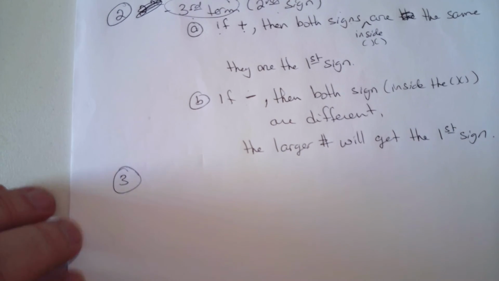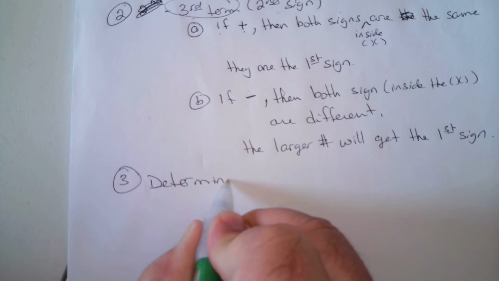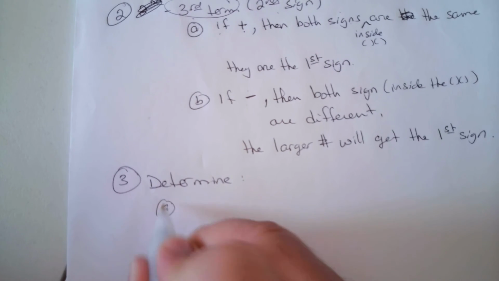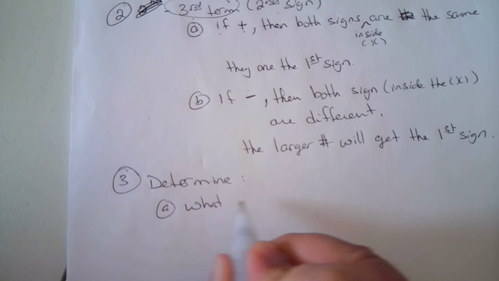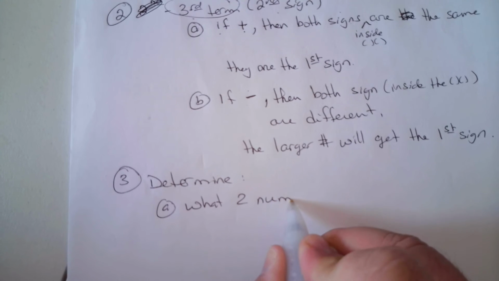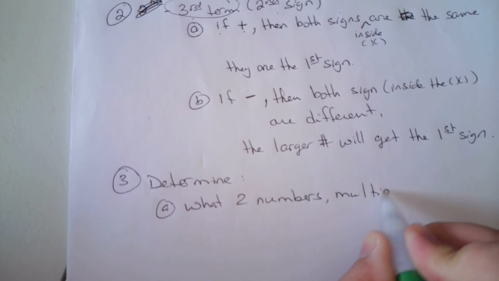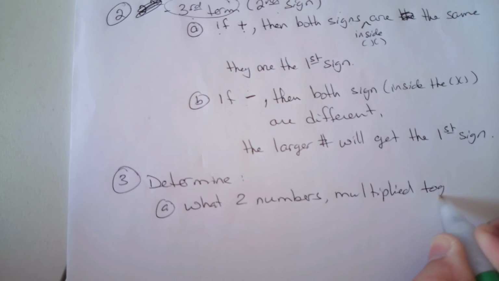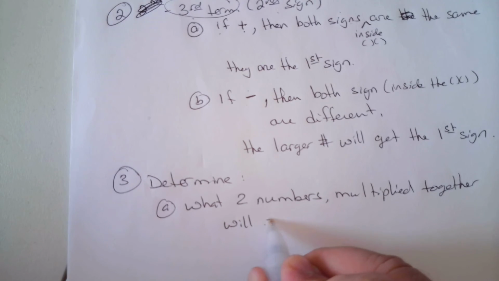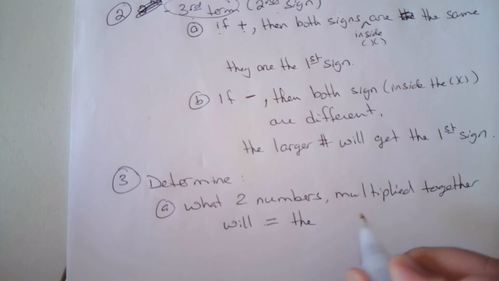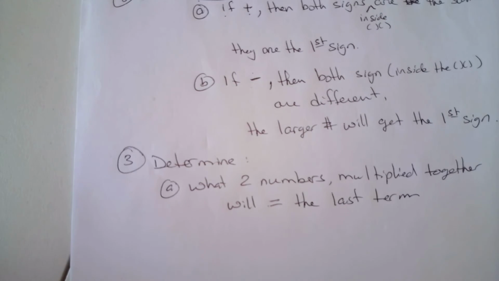Step 3. Determine what two numbers multiplied together will equal the last term, the third term.